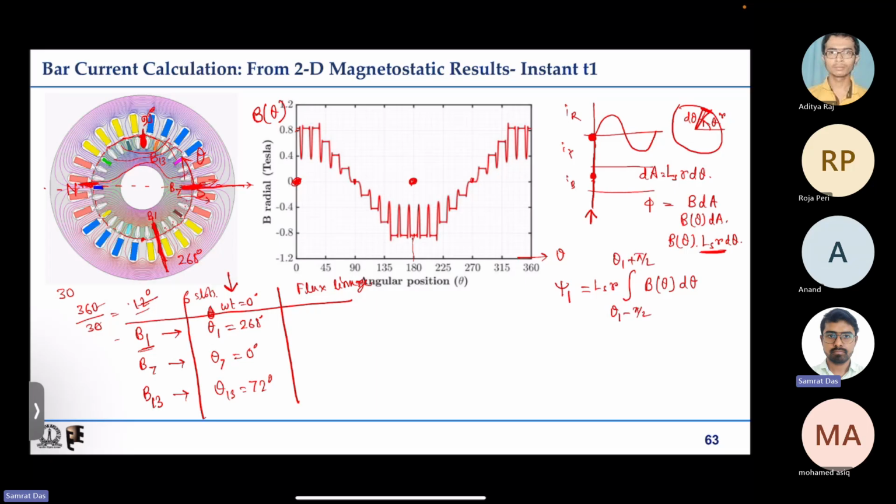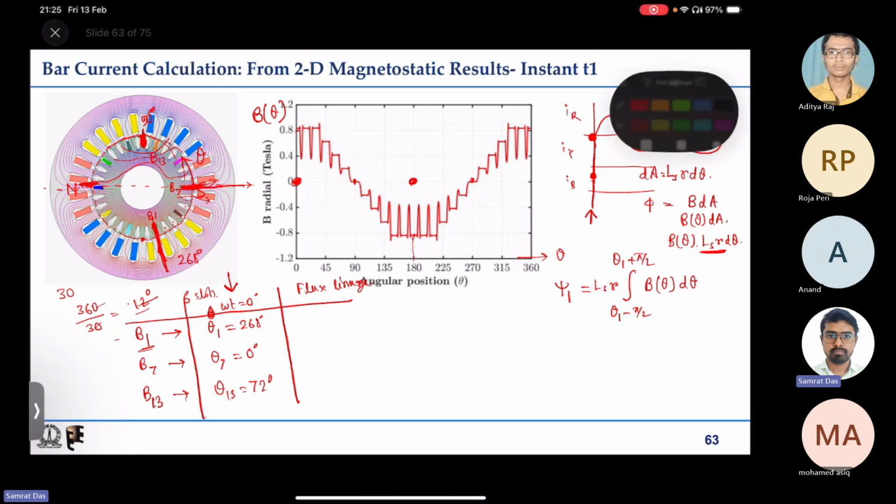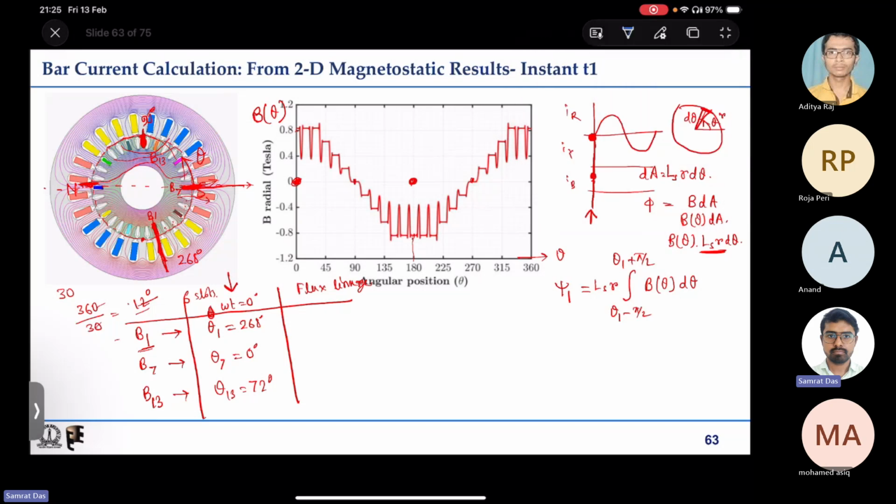What does this mean here? Where is our B1 located? B1 is located somewhere here, probably at 270 degree. Was my calculation correct?